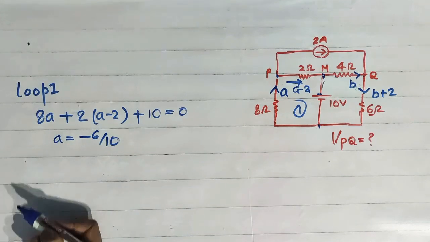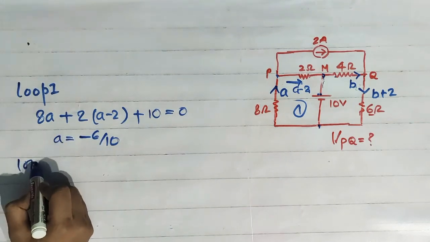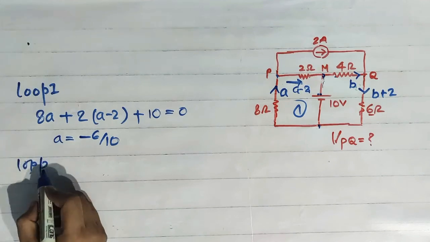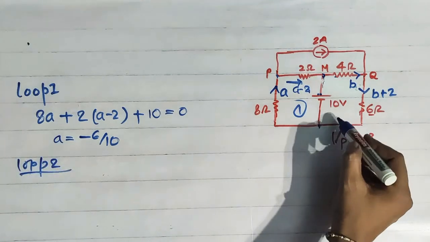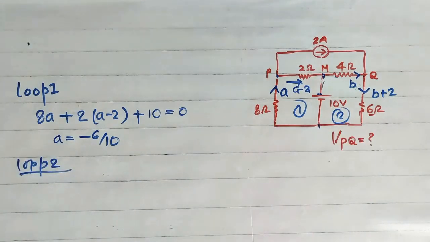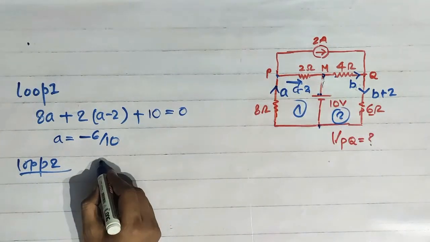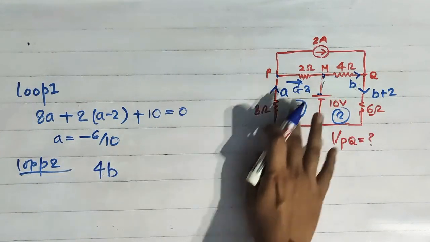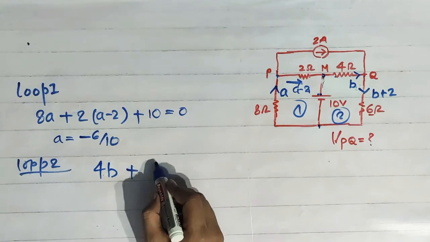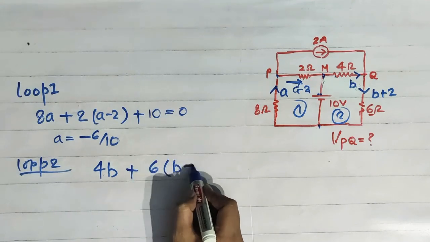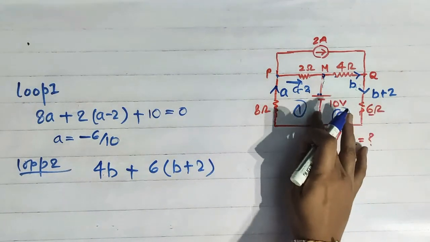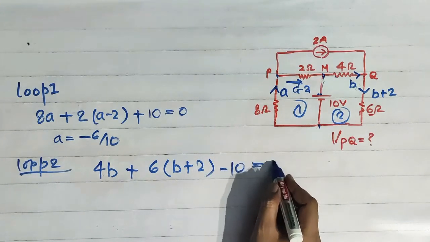Now what is B? Apply KVL in loop 2. This is loop 2. Here we can write 4B plus 6(B plus 2) minus 10 equals 0.